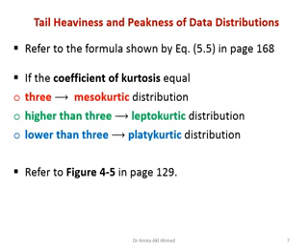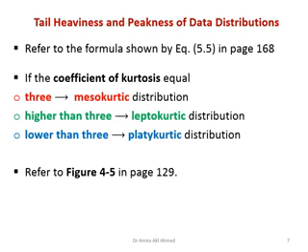The normal distribution has a value of kurtosis that is equal to 3. A distribution that has a value of kurtosis equal to 3 is said to be mesokurtic. If a data distribution has a kurtosis value that exceeds 3, it is said to be leptokurtic.